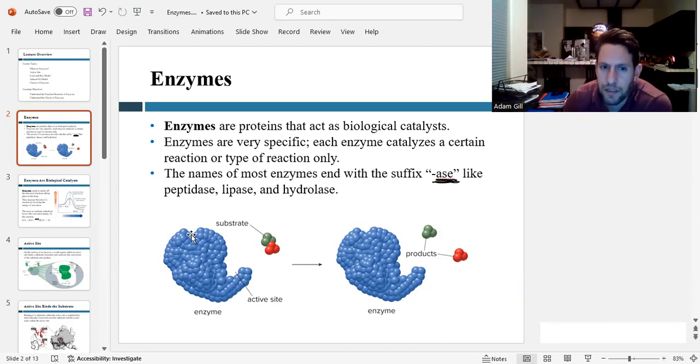And so this protein here in blue would be our enzyme. This little molecule in green and red would be the reactant, or as we call it in enzymes, the substrate. And so the enzyme will bind the substrate, and then it'll convert it into product or products. And the location where the substrate binds is called the active site.